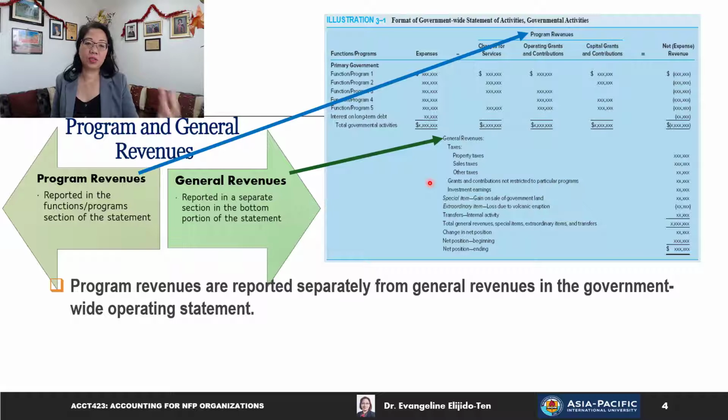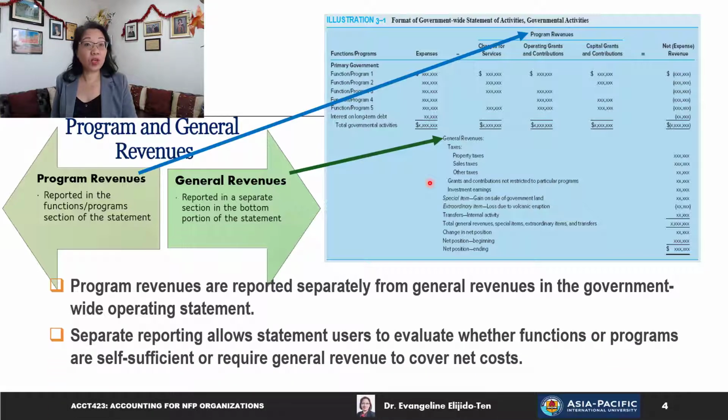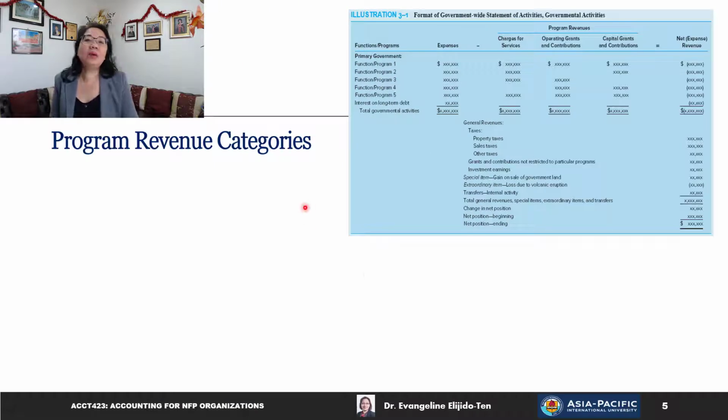Program revenues, just to recap, are reported separately from general revenues in the government-wide operating statement. Separate reporting allows statement users to evaluate whether the functions or programs are self-sufficient or they might require general revenue to cover net debts.